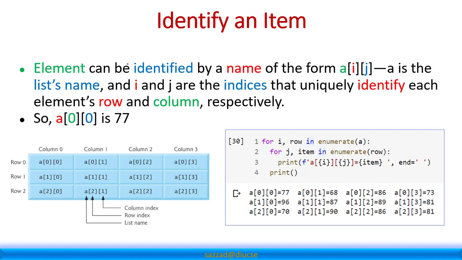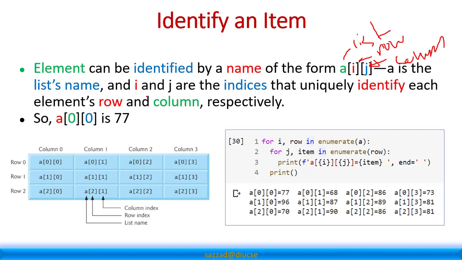An element or item can be identified by a name of the form A[i][j], where A is the list name, i is a unique row, and j indicates a unique column.